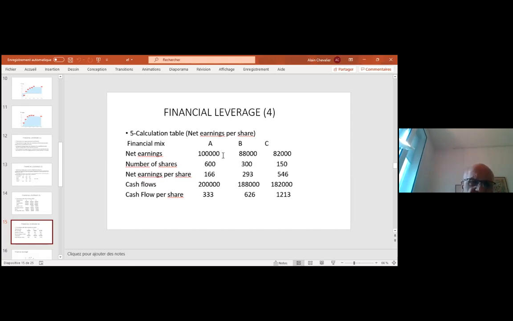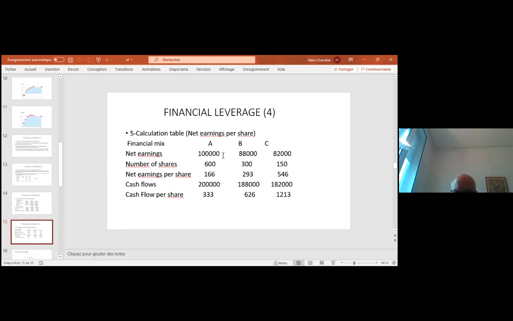In case B, you get 88,000 for the net earnings and still 100,000 for depreciation and amortization, because, remember that, depreciation and amortization is not correlated with the financial structure. And in C, you get 82,000 for net earnings, 100,000 for depreciation and amortization, you get 182,000.